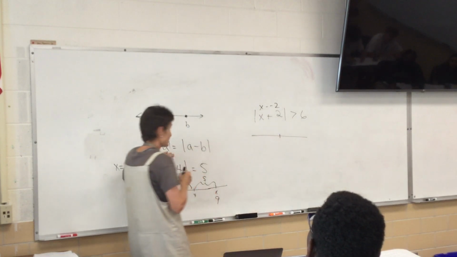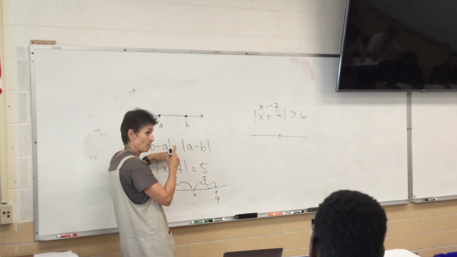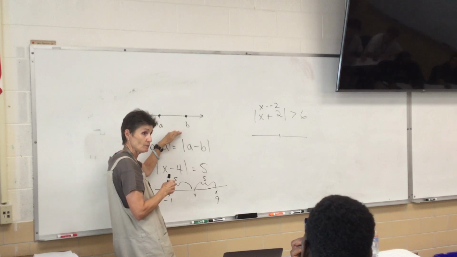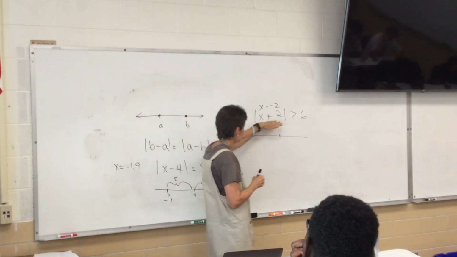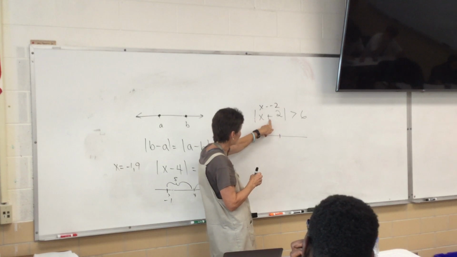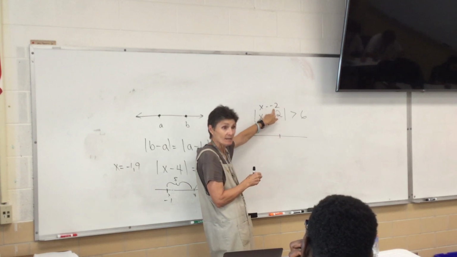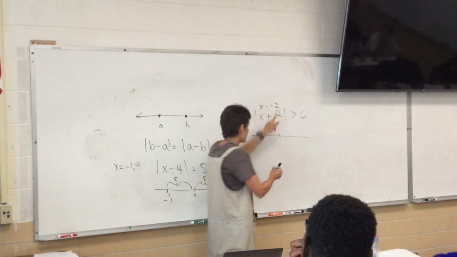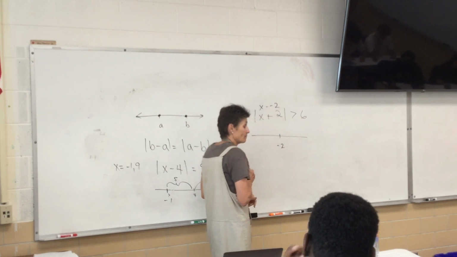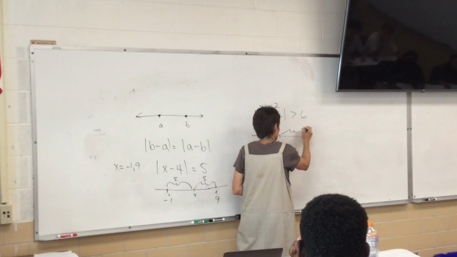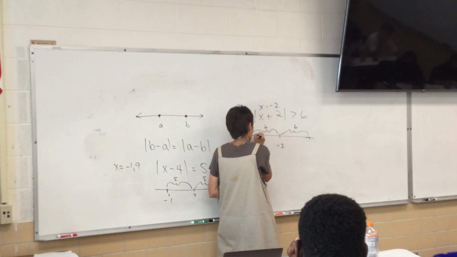Remember, absolute value, distance on the number line is a difference. Don't you subtract these two? So you have to subtract something. Well, the only way you can get a positive in there is if you have subtracted a negative number. So here's my -2. Now some other number is 6 units away from that.